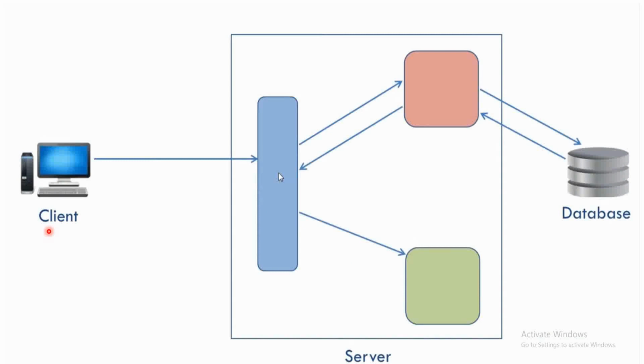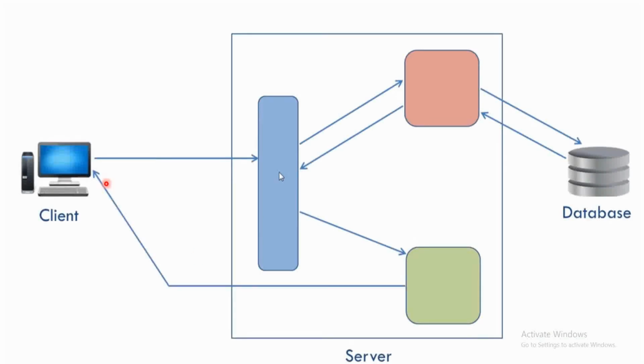Blue gives the raw data to green, and green will format the data so that it looks interactive and attractive to the user. Green will take the data, arrange it in tabular format and maybe apply some styling to it so it appears good. Now this formatted data will be sent to the client.